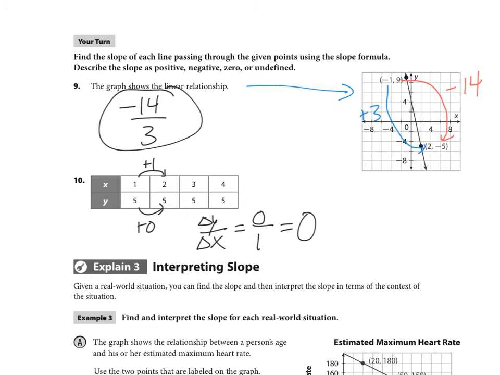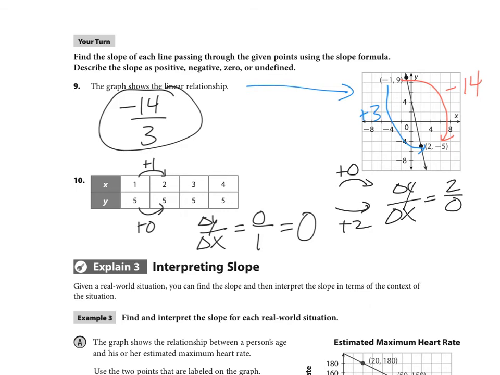However, let's say it were a vertical line where my x's were all the same. Well, in that case, my change in x is 0, but my change in y would have been, let's say, +2. So if you do your formula, change in y over change in x, you get 2 over 0.